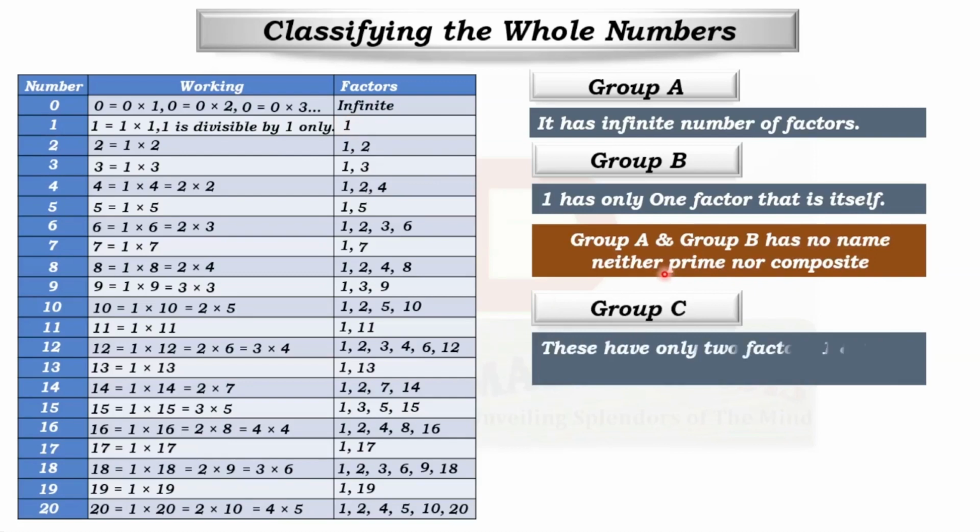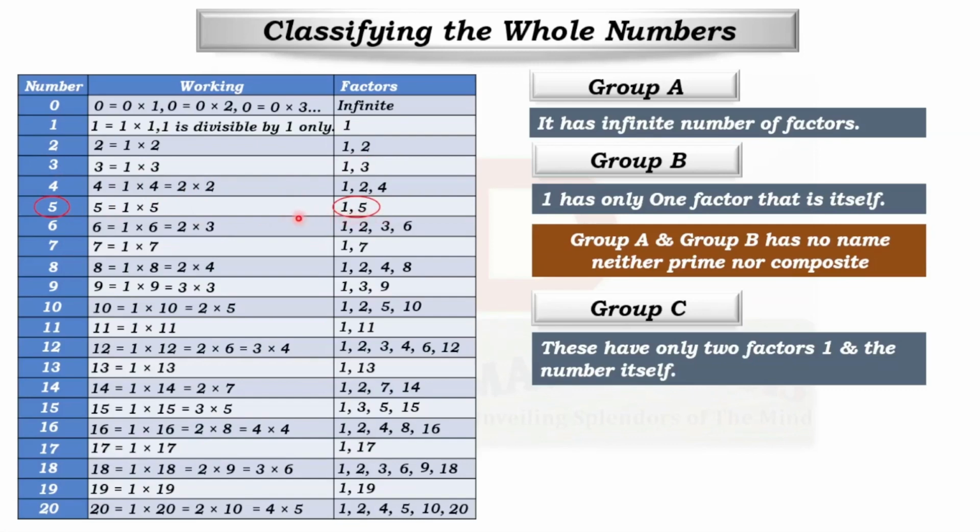Group C comprises the numbers which have only 2 factors, these are 1 and the number itself. Like 2. It has only 2 factors, 1 and 2, the number itself. Then here is number 3. It has only 2 factors, 1 and 3. Then here is number 5, with only 2 factors, 1 and 5.